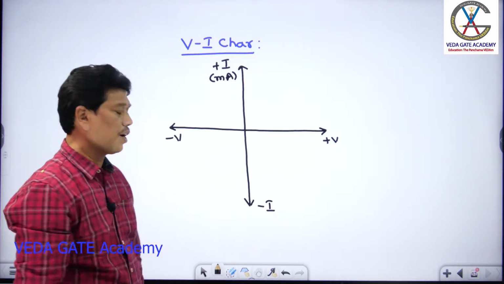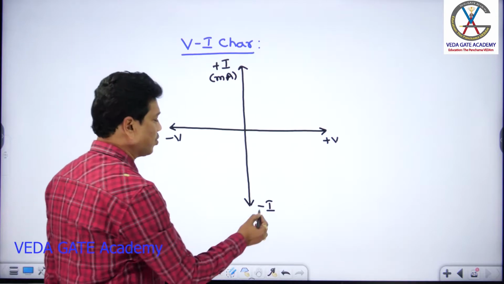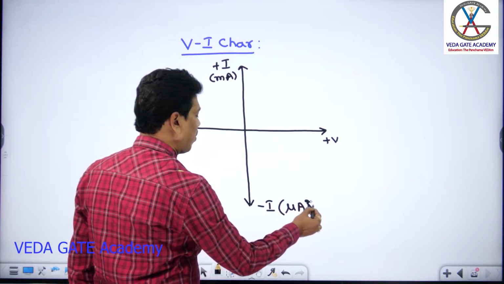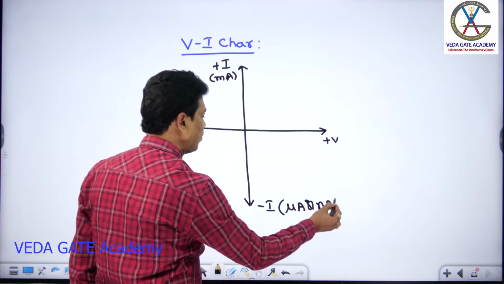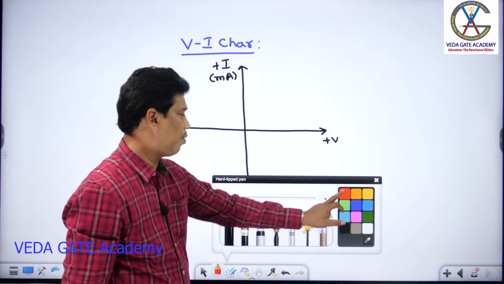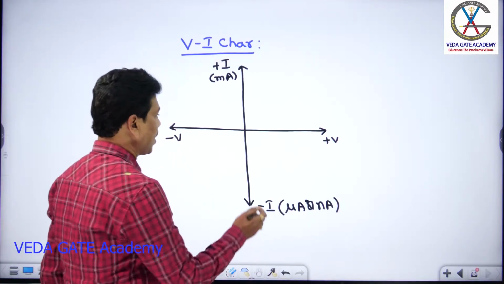Commonly, reverse bias current is zero. Practically a minority current flows, about microamperes for germanium and nanoamperes for silicon diode.